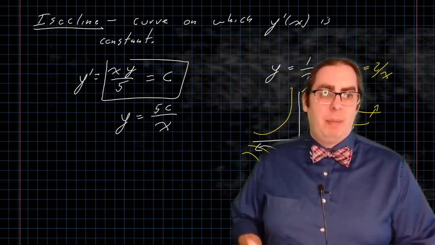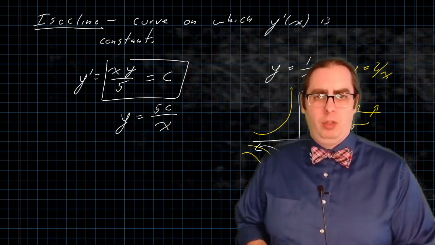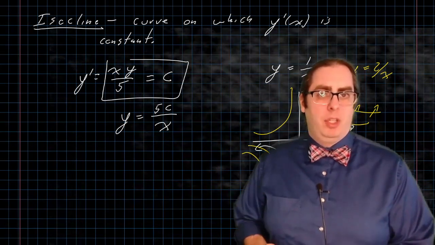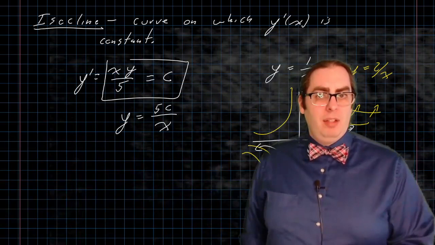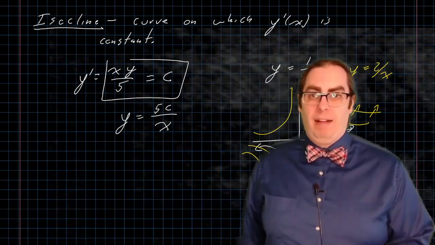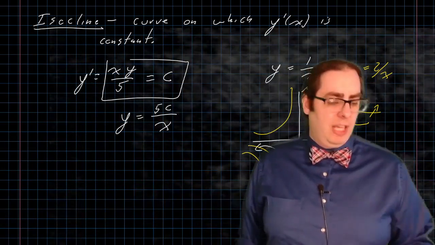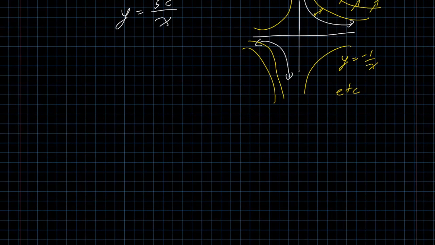So thinking about isoclines in the days of modern computers is not really all that useful, but it's still vocabulary that you might run into, so I wanted to at least mention it. There is a specific isocline that is valuable and is used in a couple of other places, and that is the nullcline.